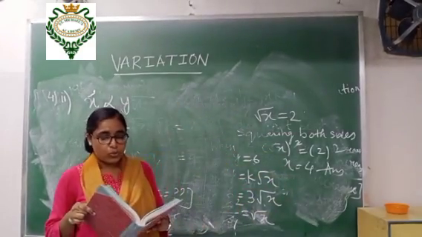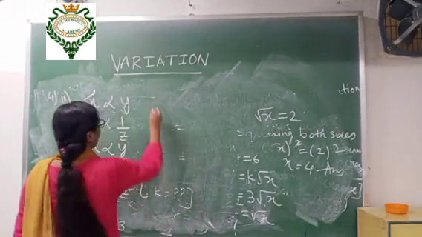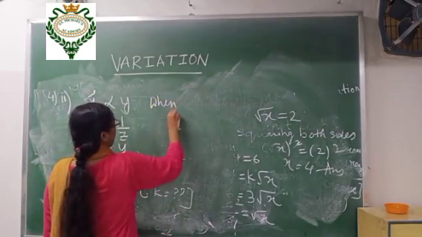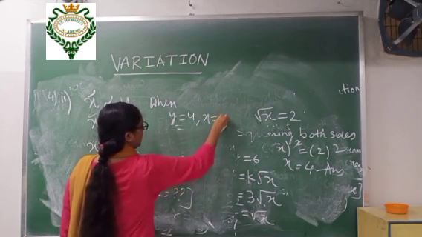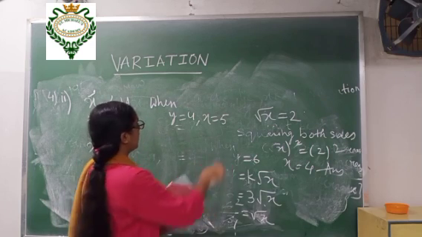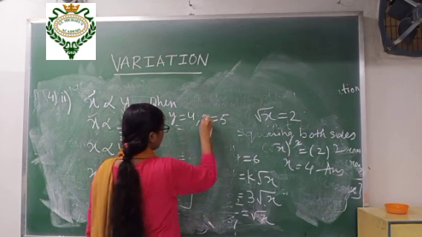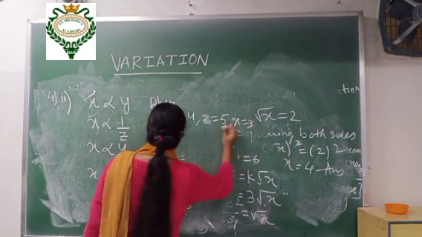Now read the question. When y equals 4, z equals 5, then x equals 3.